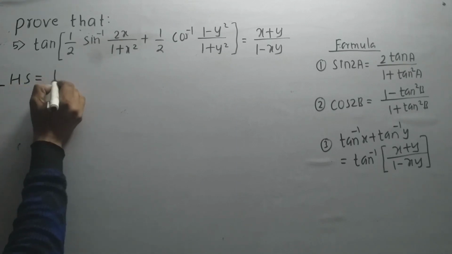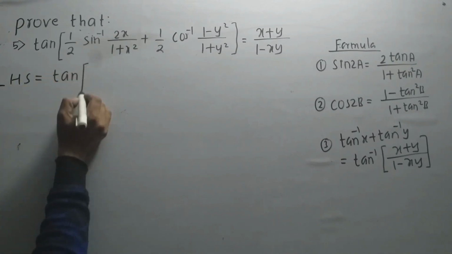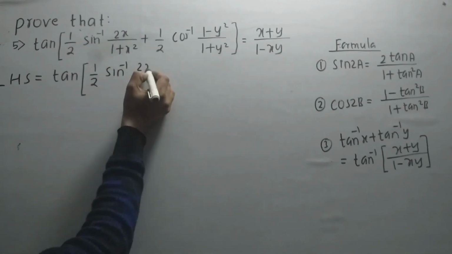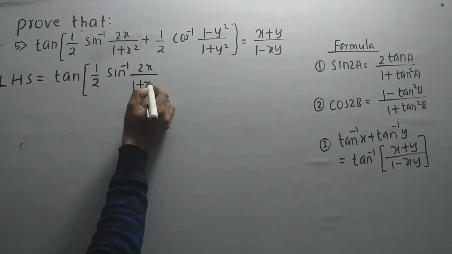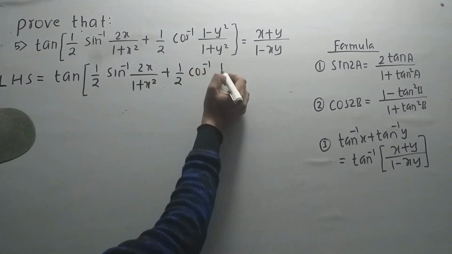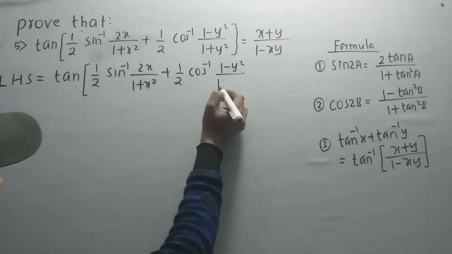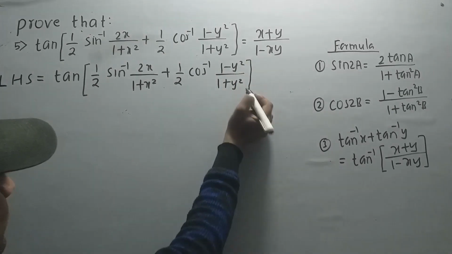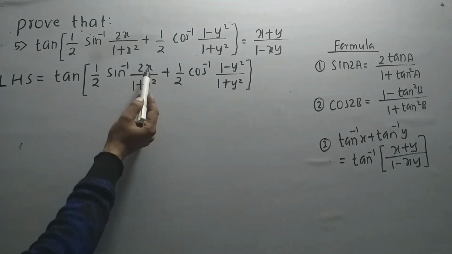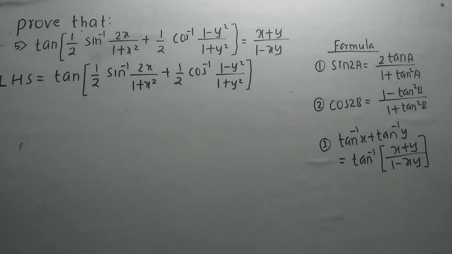In the left hand side, it is tan of half of sin inverse 2x by 1 plus x square plus half of cos inverse of 1 minus y square by 1 plus y square. After that, for this x, let me write tan a, and for this y, let me write tan b.